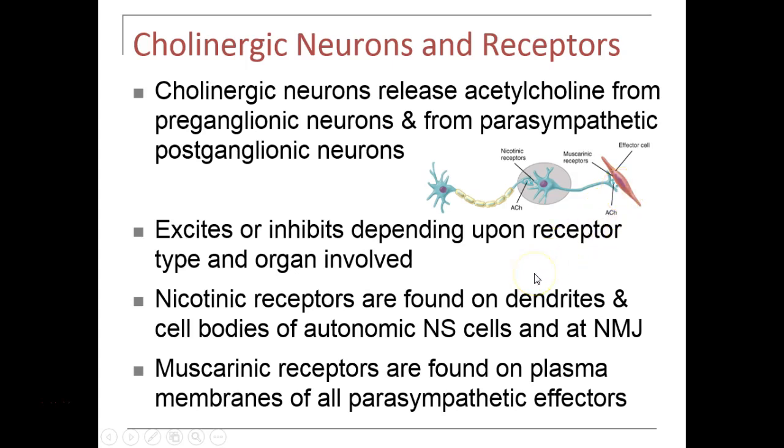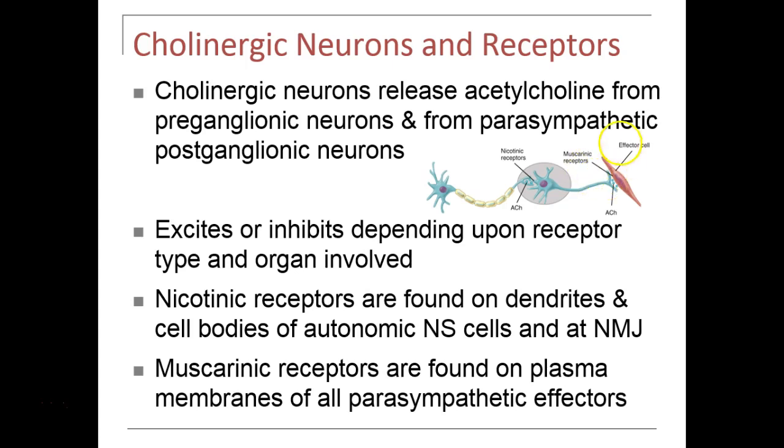Now, both the nicotinic receptors and the muscarinic receptors can bind acetylcholine. The reason why they're called nicotinic or muscarinic is this. Nicotinic receptors can also bind nicotine, so they're called nicotinic. Muscarinic receptors are called muscarinic because those receptors can bind to a mushroom poison called muscarine.